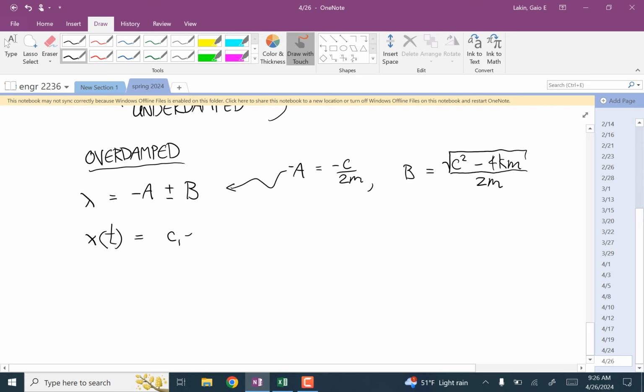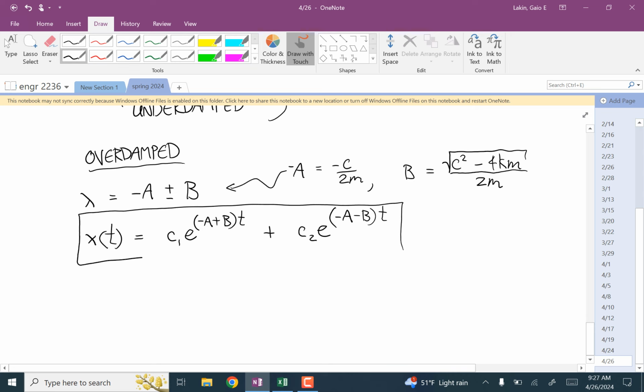So this is c1 times e to the negative a plus b times t power, just plugging those roots back into the solution form, plus c2 e to the negative a minus b times t power. Okay, so this is the general solution in the overdamped case.